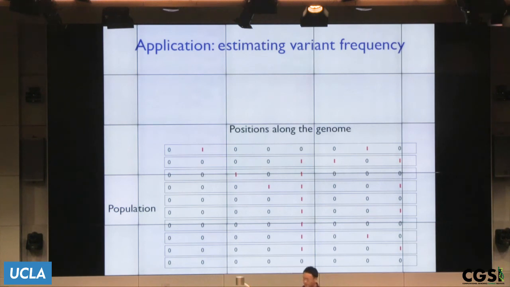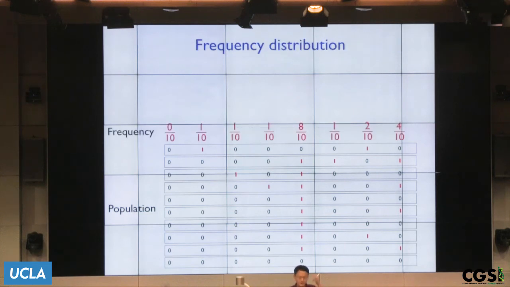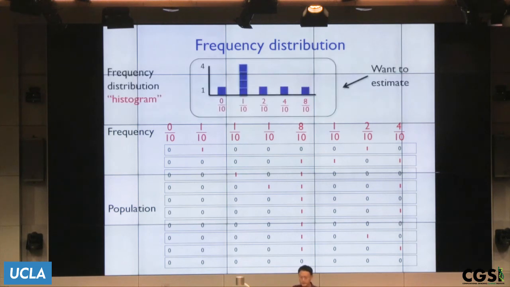The setup here is that if my entire population consists of these 10 individuals, and each column corresponds to one variant, then for each variant, if I have actually sequenced everyone, I can compute the frequency of each variant in my entire population. And the histogram of those frequency counts is what people call the site frequency spectrum, right?